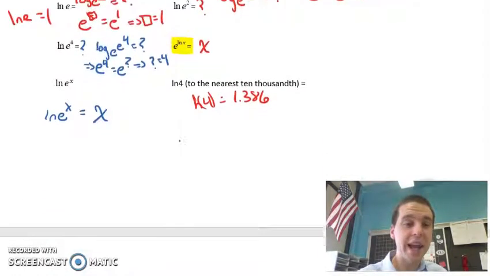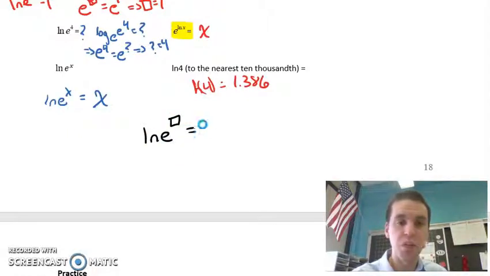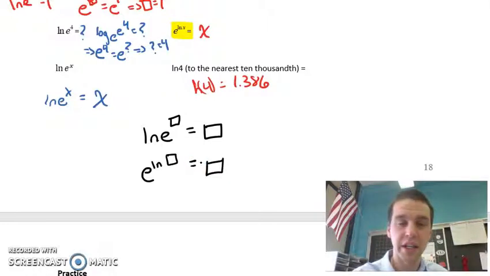So let's recap this entire process here. If you have ln of e to a blank, we know that's going to equal the blank. Or e to the ln of blank, that's going to equal the blank. Natural logs and e's are inverses of each other.